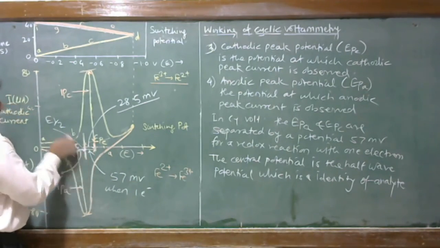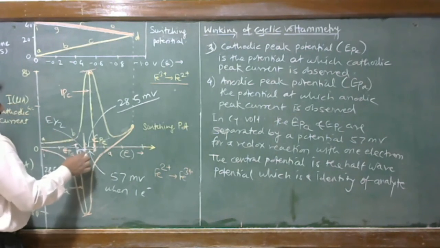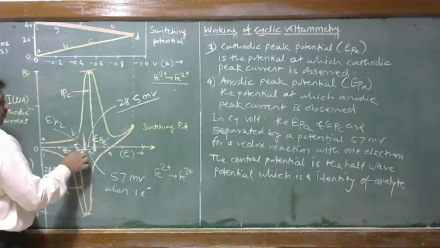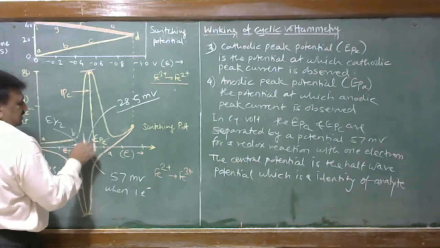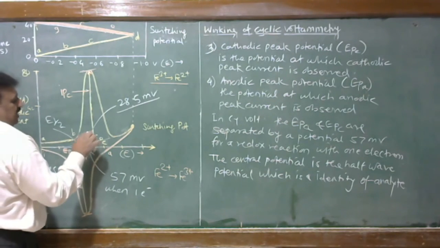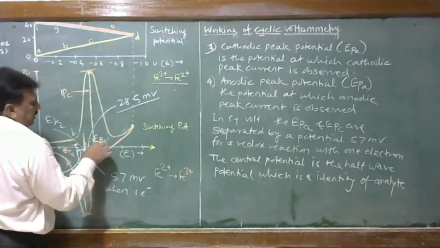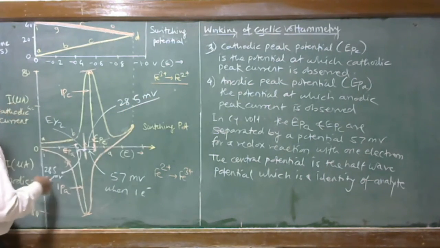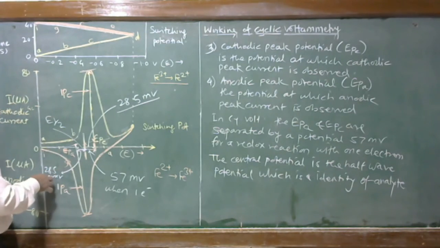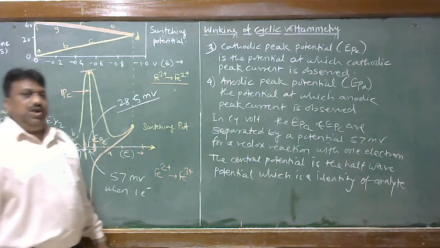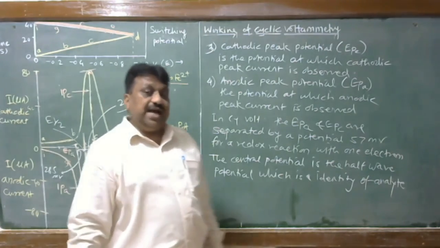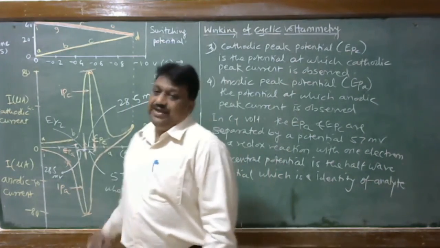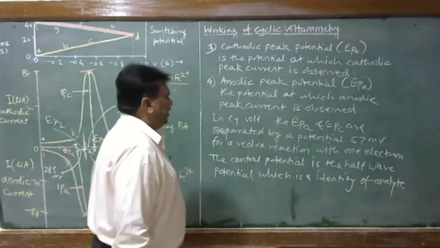At the center there is half wave potential. Therefore a cathodic peak potential lies beyond 28.5 millivolt and anodic peak lies before 28.5 millivolt. Therefore this is the analytical information we can obtain from cyclic voltammetry.